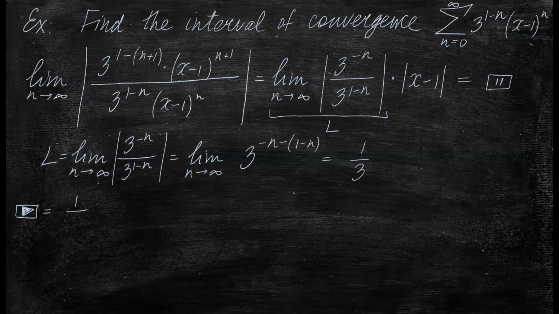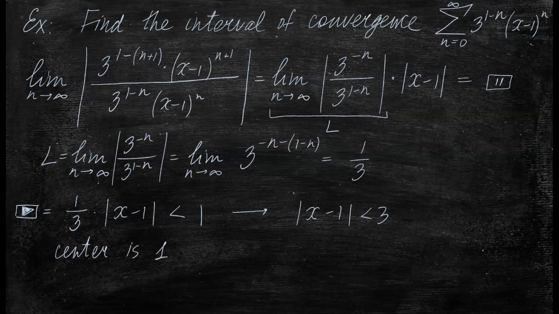And we're going to replace 1/3 for L. And to find the interval of convergence, we have to set this whole thing to be less than 1. And after we multiply both sides of this inequality by 3, we get this inequality. And this is a simple inequality in which we recognize the pattern, and the center is 1, and the radius is 3.